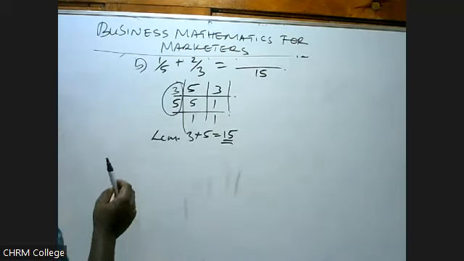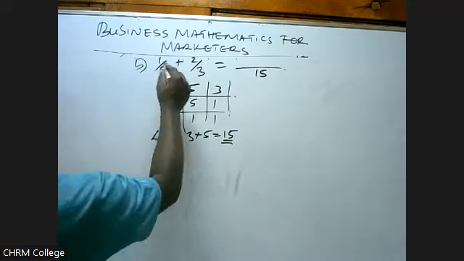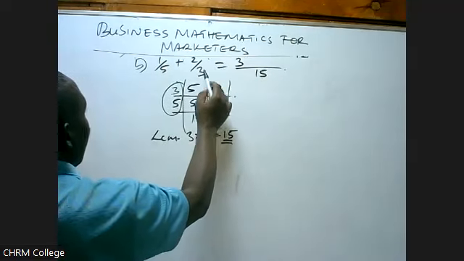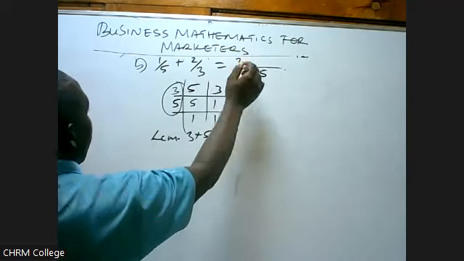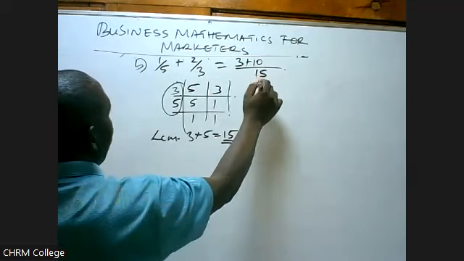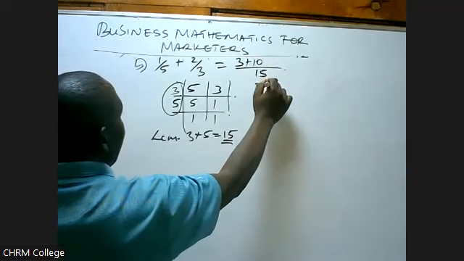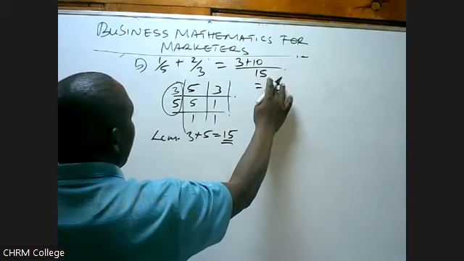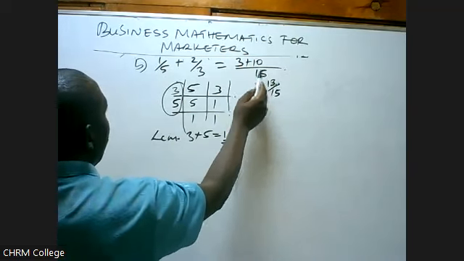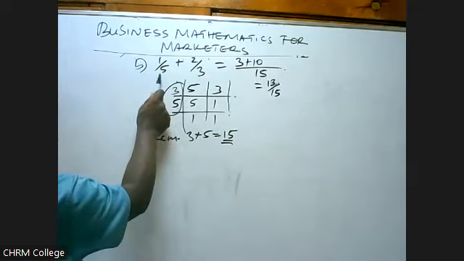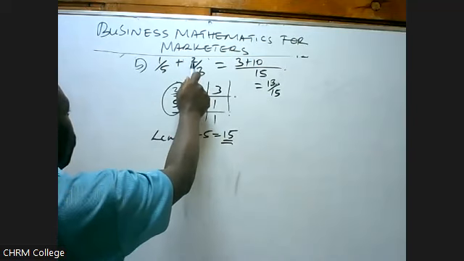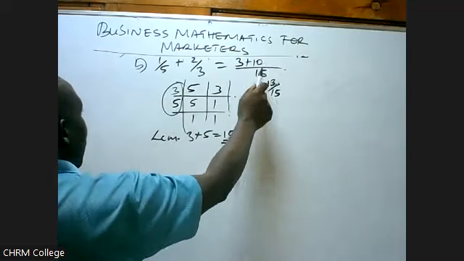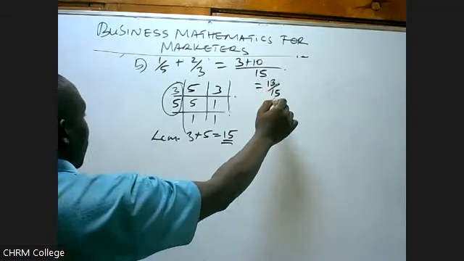So 15 divided by 5 is 3. 3 times 1 is 3. 15 divided by 3 is 5. 5 times 2 is 10. So the answer will be 3 plus 10, which is 13 over 15.